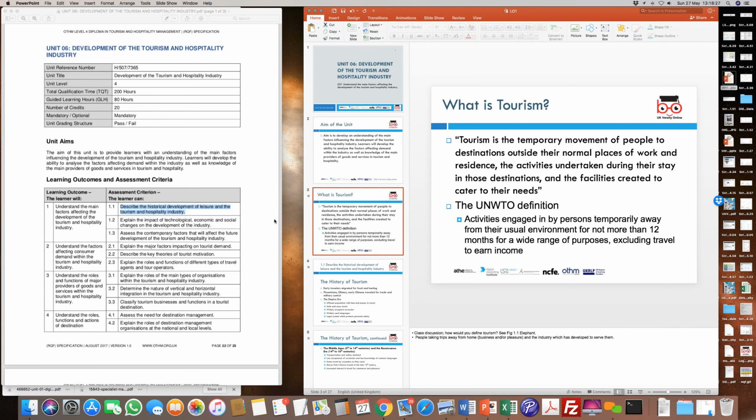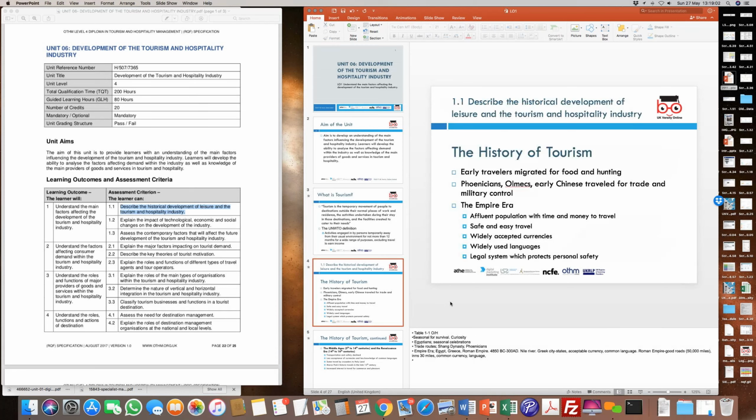That means if I set up a hotel or a bed and breakfast somewhere in Spain and I spend 6 months there, then I would not be looking at that as a tourist activity or under the definition of tourism, because I have created a permanent stay and a permanent business in that location, so that's slightly different. But as long as you're not earning anything from that activity, you might be posted there as an expat and receiving a salary, but because that is temporary, it's still classified under the definition of tourism. Is that okay? Is that clear?